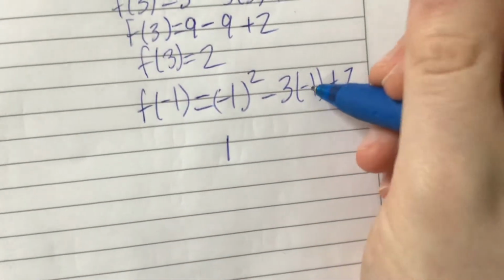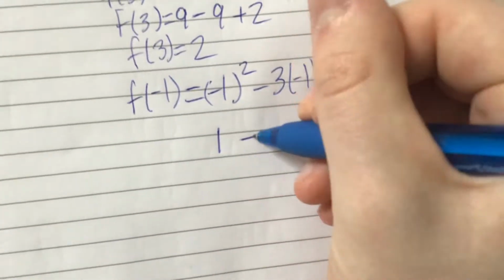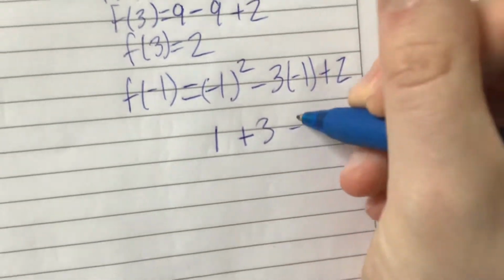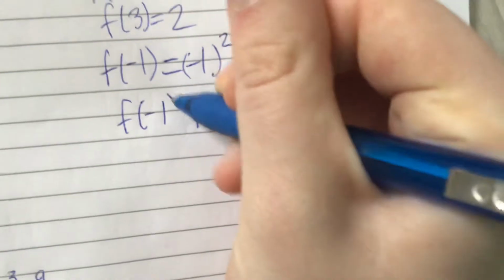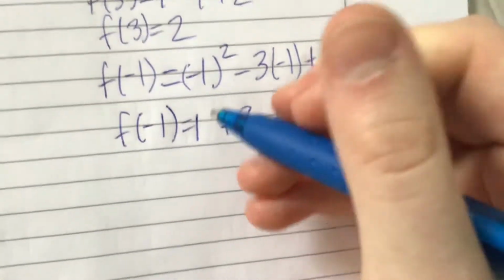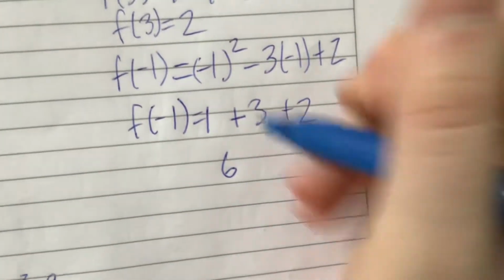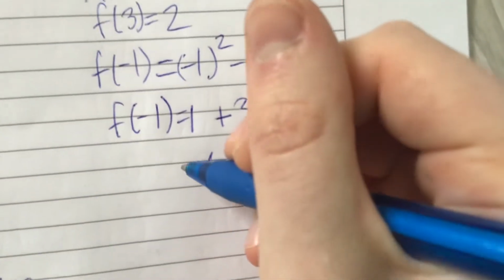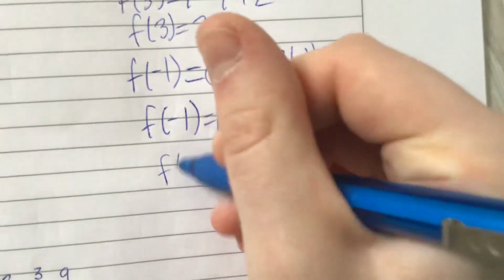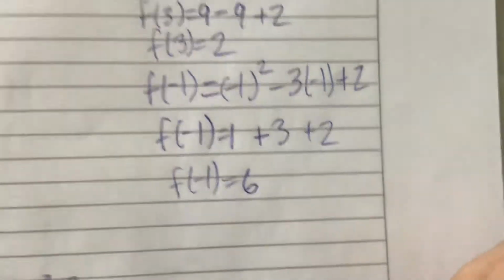And then we multiply this, so we say this is plus 3 now. This is plus 2. It's really simple math now. And we end up with 1 plus 3 plus 2, which is 6. Just making sure I got that right.